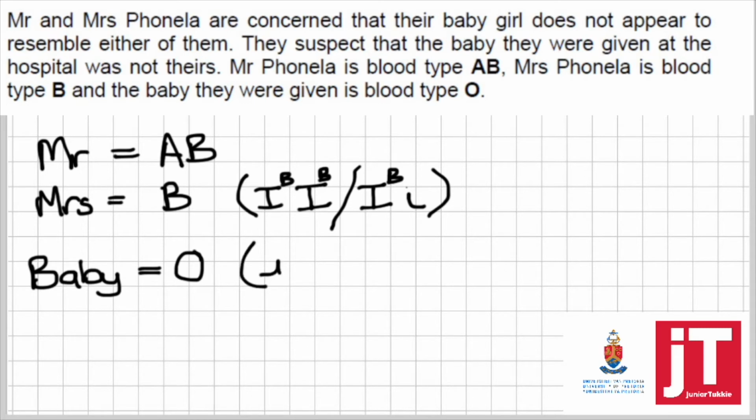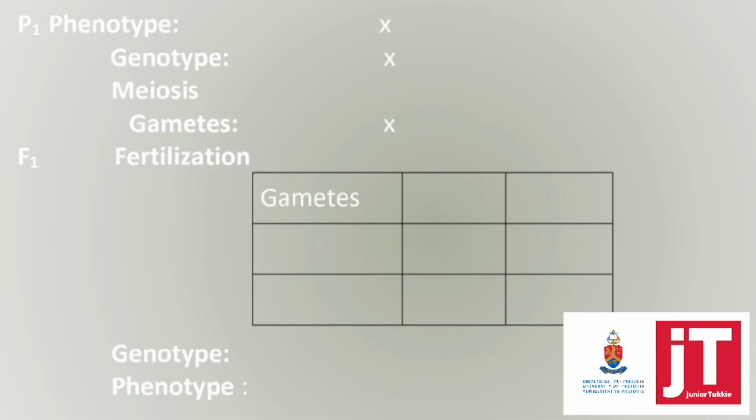If the baby is carrying the homozygous recessive pairing, we can see that Mrs. Fenella could very well have donated the recessive allele that could be part of her heterozygous condition for blood group B to the baby, but Mr. Fenella, being blood group AB, is not able to pass down this recessive allele as he's not carrying it. This would give us an indication that it's very possible this baby does not belong to Mr. Fenella. We would prove this through a genetic cross.